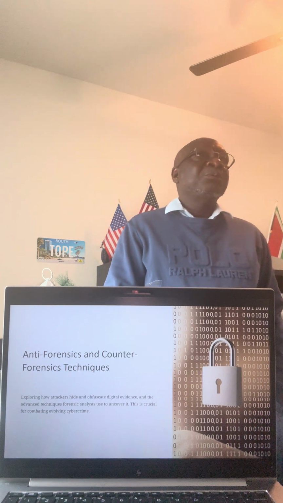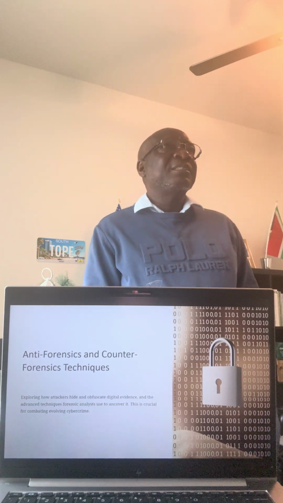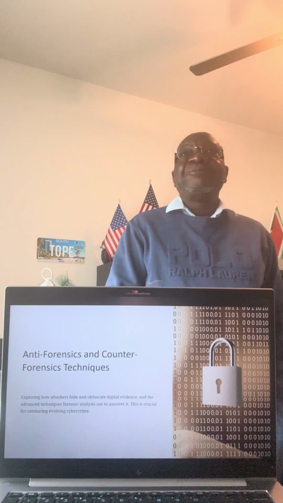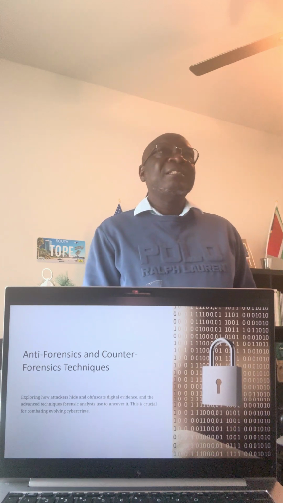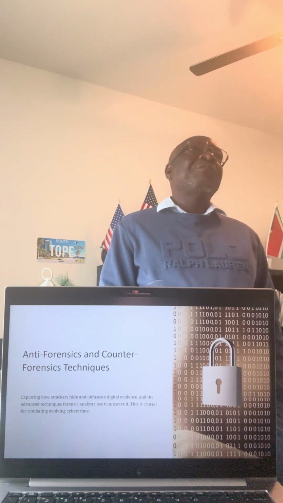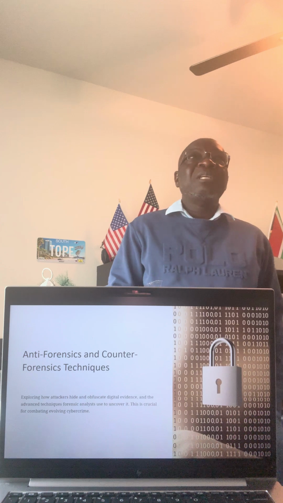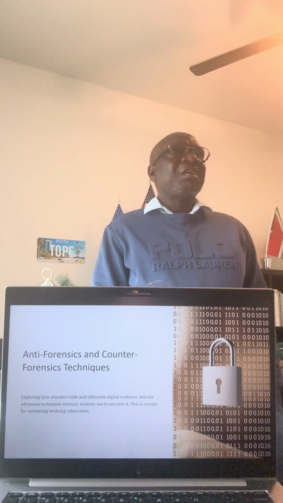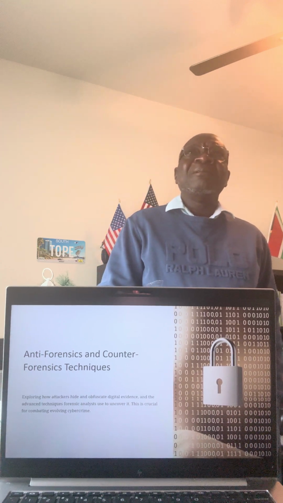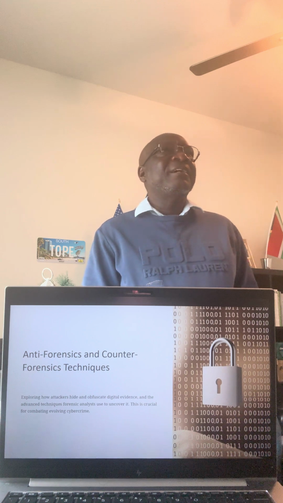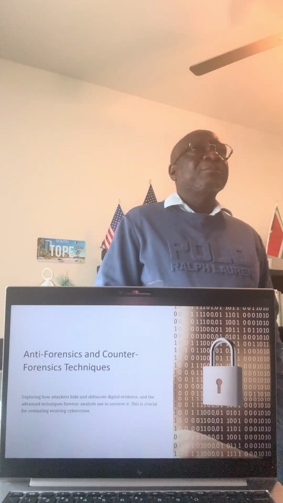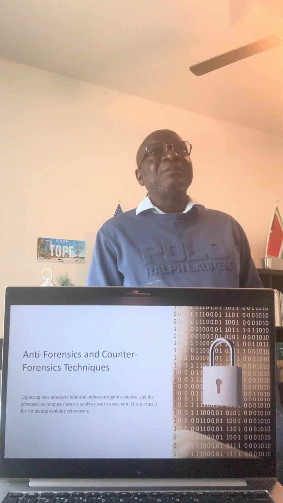Immediately after that, I will step into what is referred to as steganography and compression techniques, as one of the methods attackers use in making the life of analysts cumbersome in the detection of crimes.